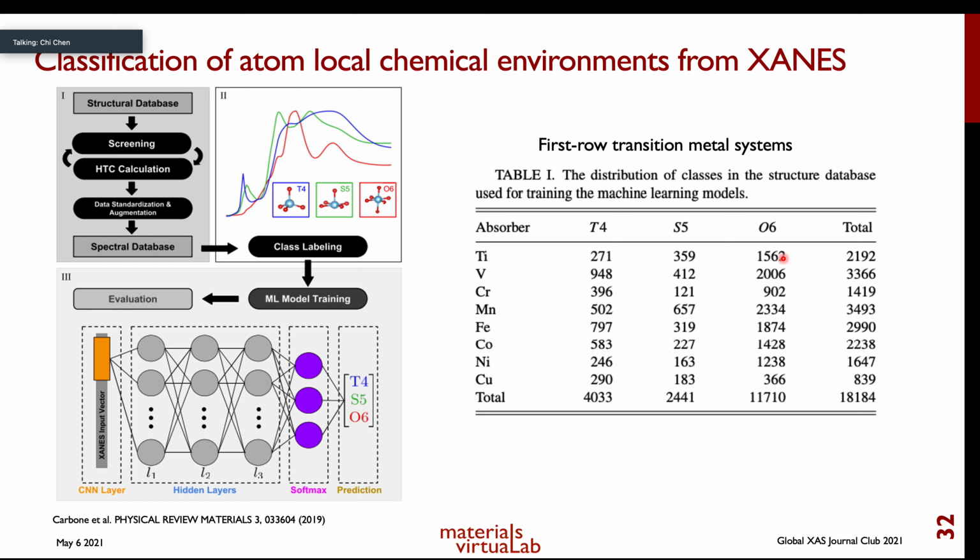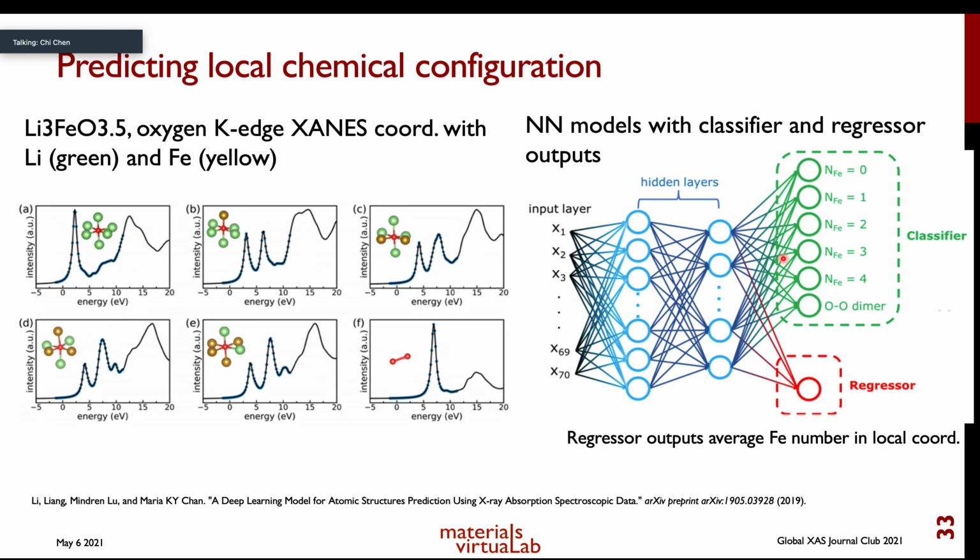This work has been done using the XASDB on all the first row transition metals. Very interesting work. And there is also other work that specifically targets a specific application. For example, this work by Maria Chen's group, they are interested in knowing the oxygen environment from the XANES measurement.